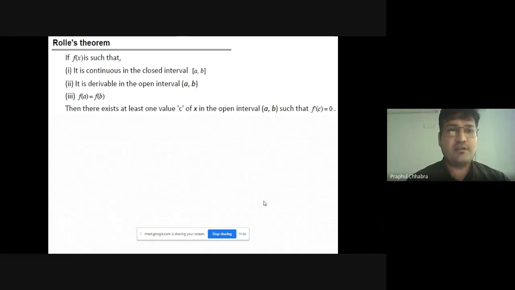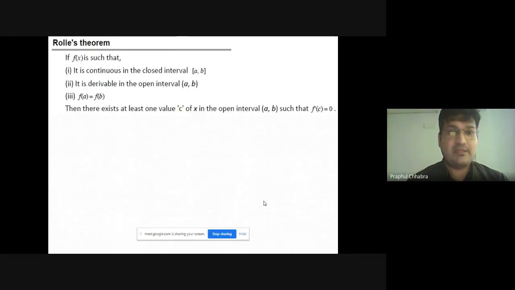So students, always first check these 3 points before applying Rolle's theorem, right? The function should be continuous in the closed interval a to b, it should be differentiable in the open interval a to b, and the values of the function at x equals a and x equals b should be equal. If these three conditions are satisfied, then according to Rolle's theorem, in the open interval (a, b) there will be at least one value of c.